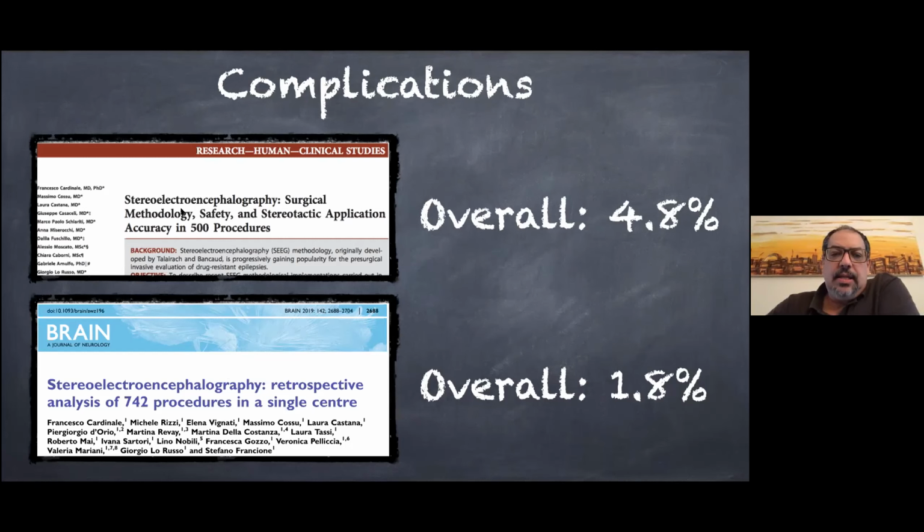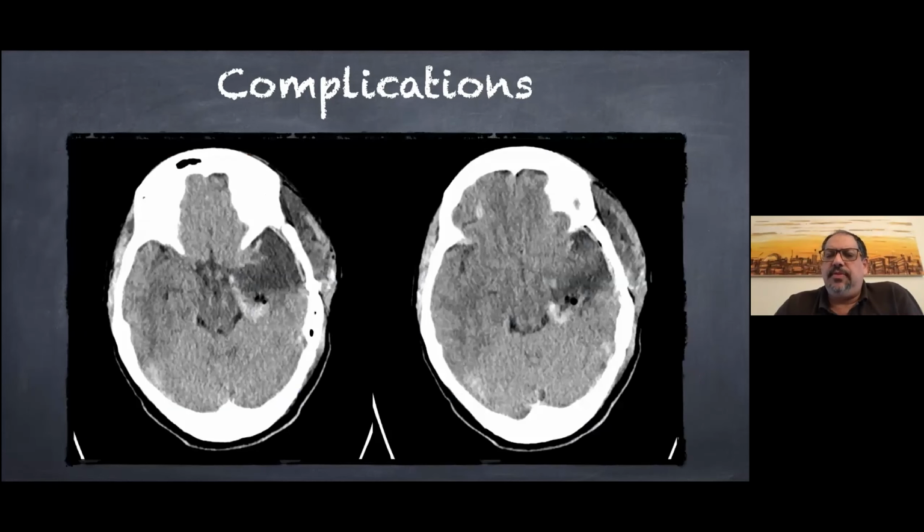Considering that these 500 procedures are included in the last study, what happened is that we reclassified complications, because it's true that the older paper has been cited very, very often, but many cited it just to report that we have this percentage of complications that honestly does not give the sense of the reality.